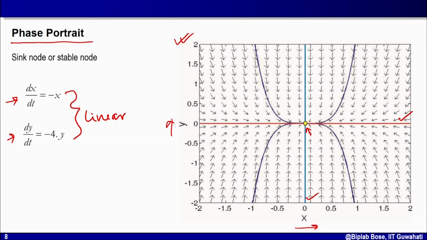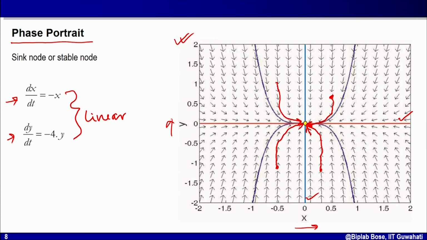If you look at the trajectory, you can see easily, if I start from this point, I will follow this arrow and collapse at 0, 0. If I start from this point, I will move towards 0, 0 and collapse there.